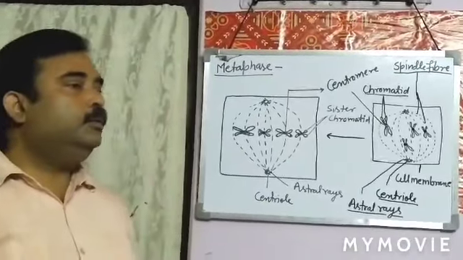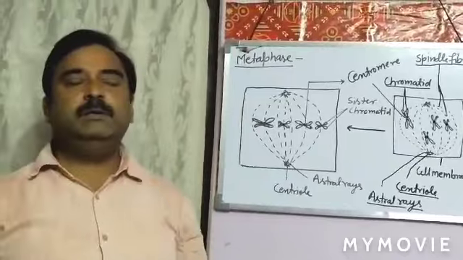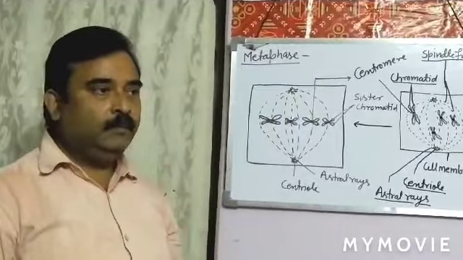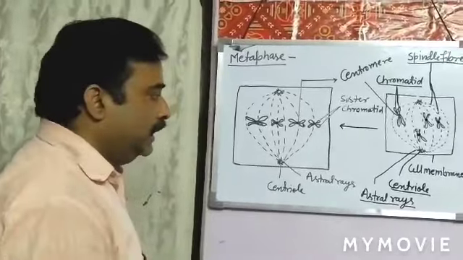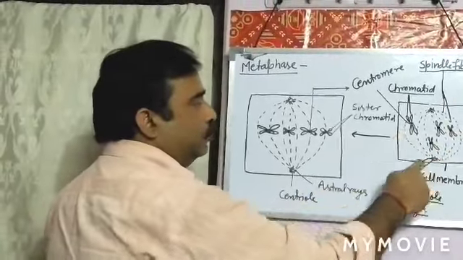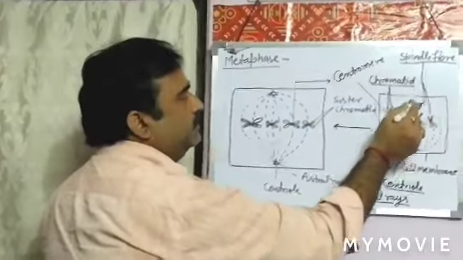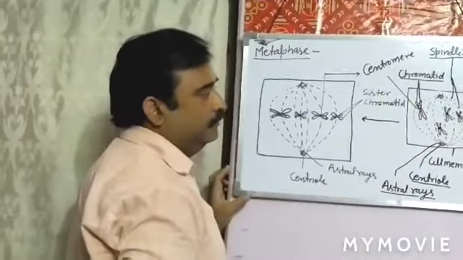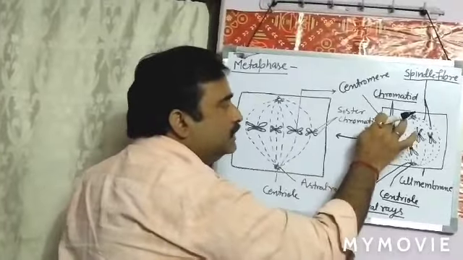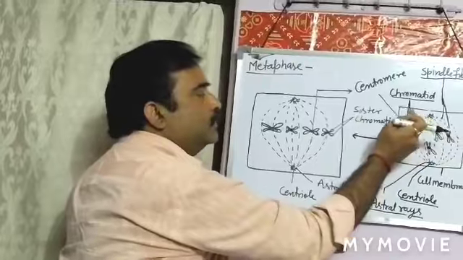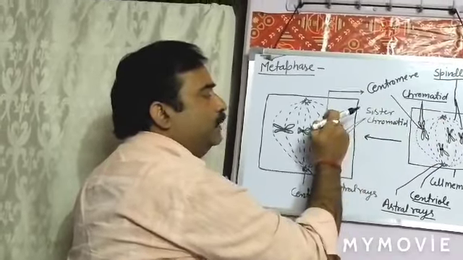Now come to the next. After completion of prophase, the next phase is called metaphase. What happened in the metaphase? I already discussed this is the prophase. All the chromosomes, you can see, are scattered inside the cell membrane, and these scattered chromosomes start moving towards the equatorial plate.